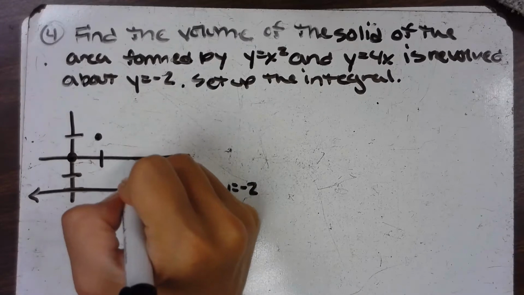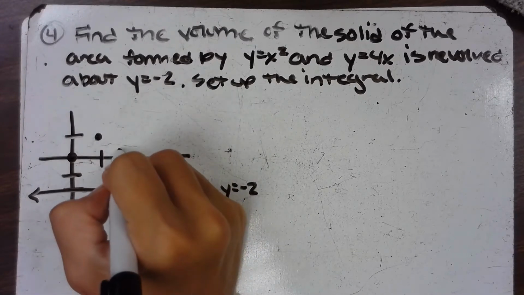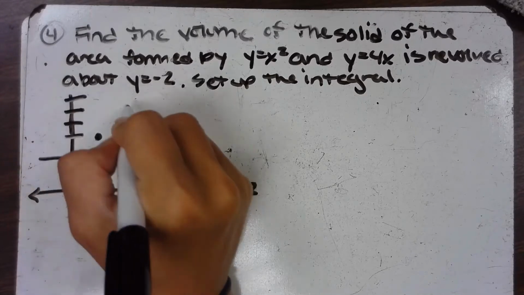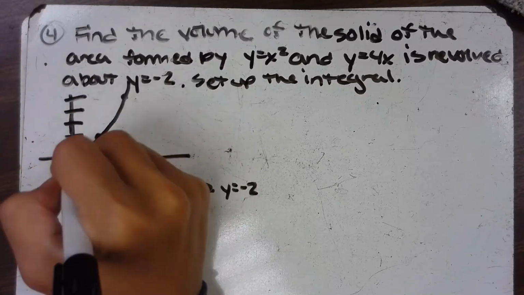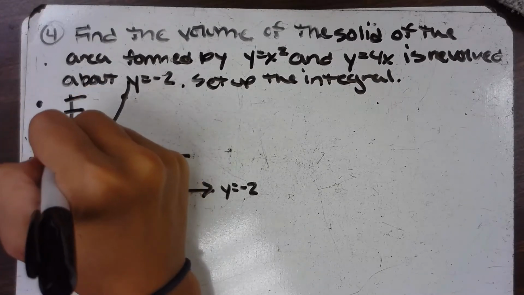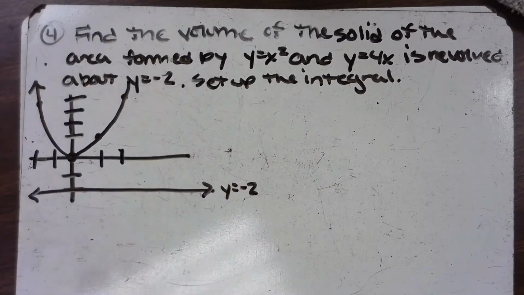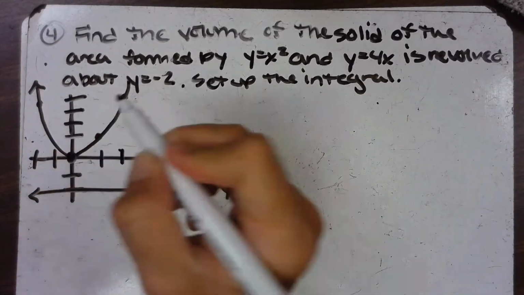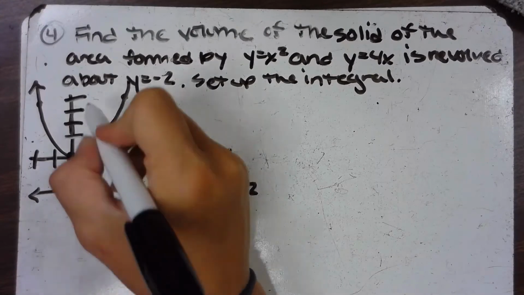Okay, 0, 0, 1, 1, 2. So this is going something like that. All right, y equals 4x. So 0 at 0, at 1 it's at 4.